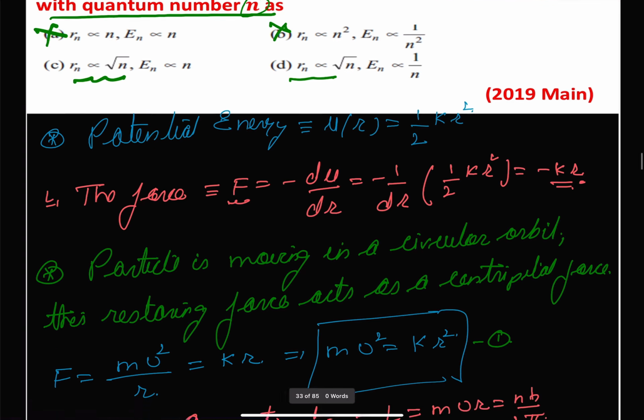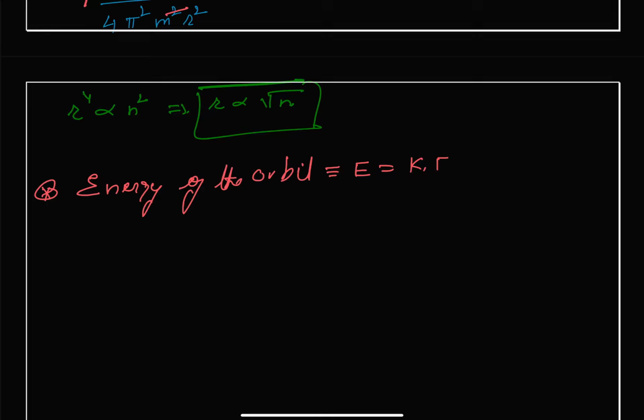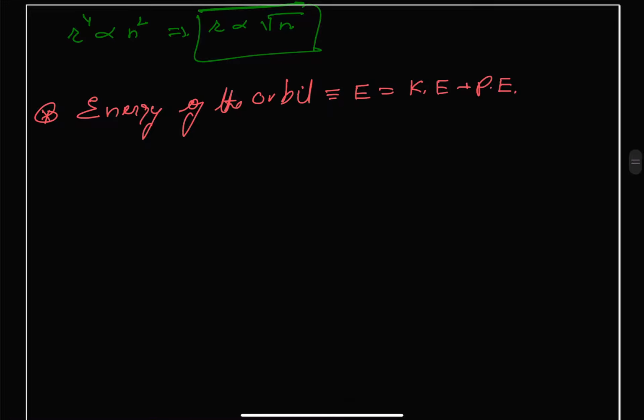Now we are going to find out the energy relationship. We can say the energy of the orbit, let us suppose that is E, will be equal to kinetic plus potential energy, and we can write this as E is equal to half mv square, and potential energy is already given to us as half kr square.